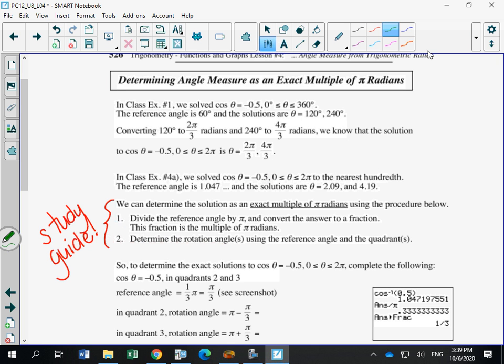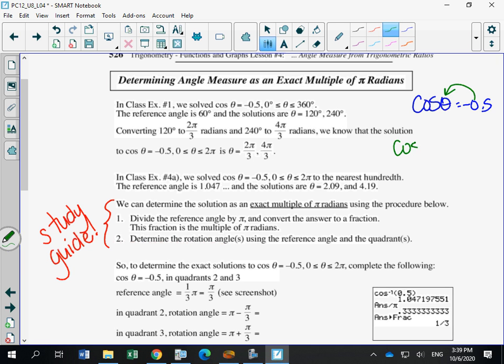So I just want you to star this and we'll go through an example, okay? The example that I want to quickly go through before we get to the class examples is cos of theta is equal to -0.5. If I said to you, what is theta, you would say we've got to take the inverse cos of the absolute value of -0.5.